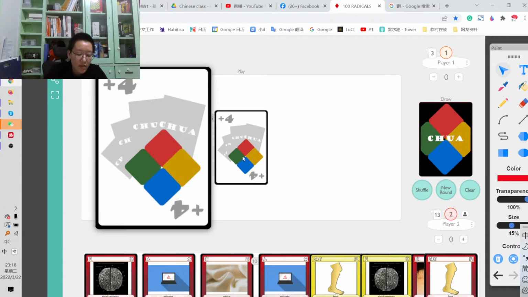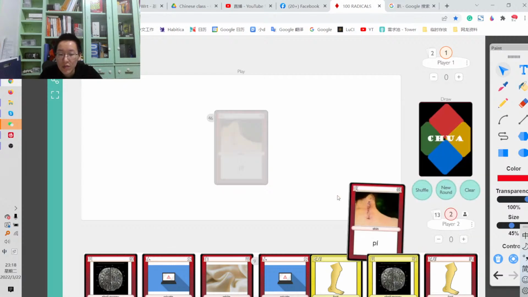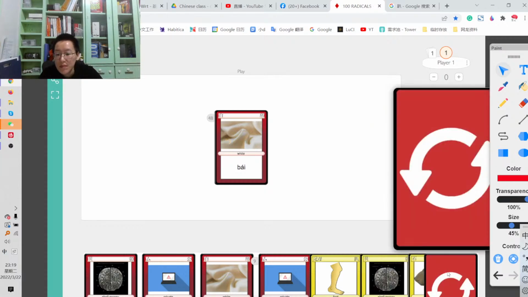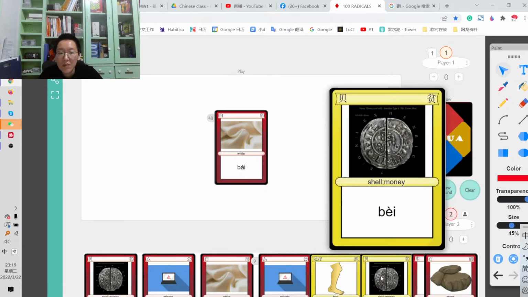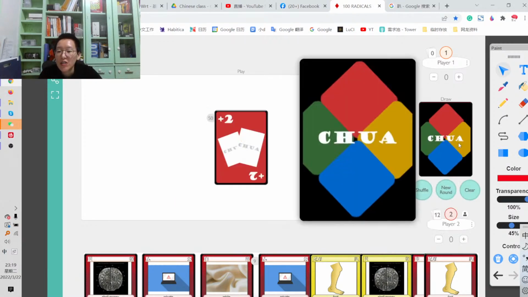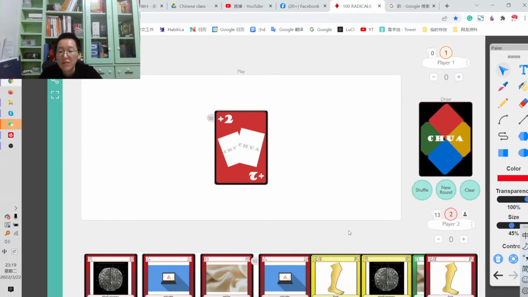Change to red. 皮. Plus 2. Okay, my opponent played all of the cards, so she won.